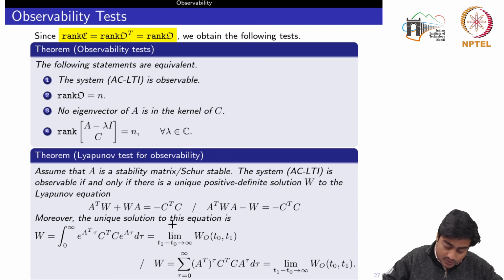Moreover, the unique solution to this equation is given by this. We had seen the detailed proof of these results during the controllability week. So the duality between controllability and observability, particularly for LTI systems, remains the same, and the proof remains the same as what we had seen earlier.